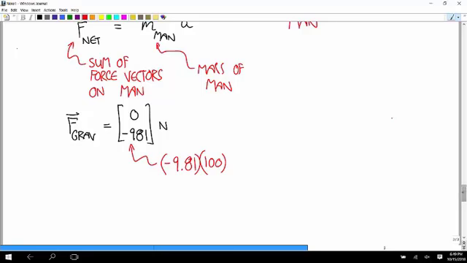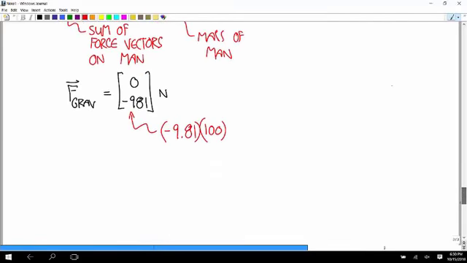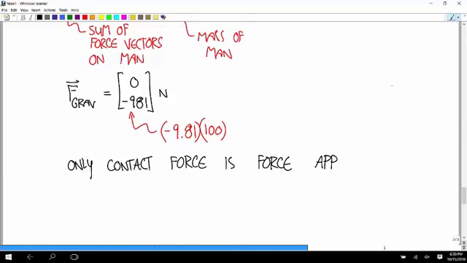And to figure out any other forces acting on the man, we have to think of the contact forces. So the only contact force is the force applied to the man by the scale.